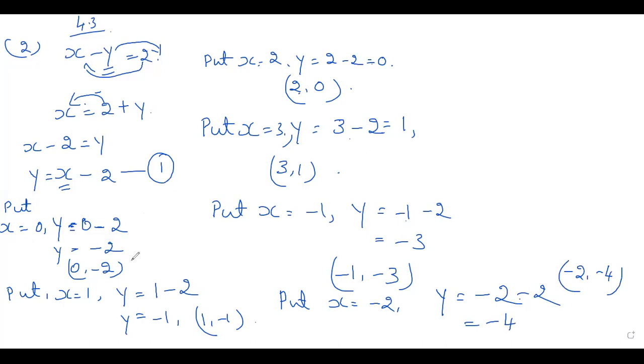Whatever points you have got, 0 minus 2, 1 minus 1, okay children, all these points you write in the table. I will write it here. After finding the values, you write the values in the table.